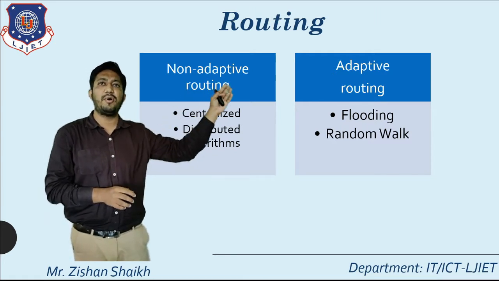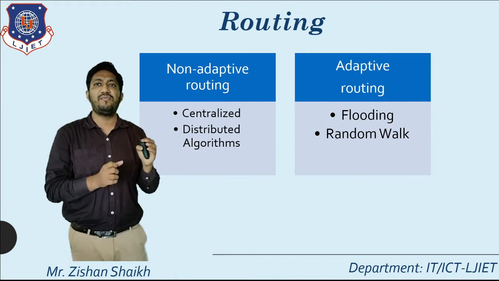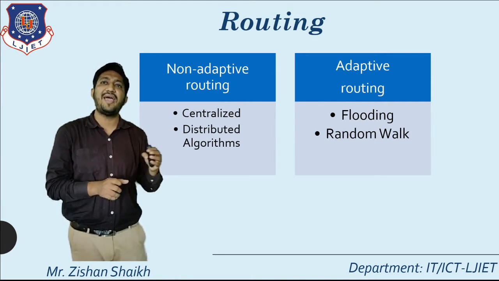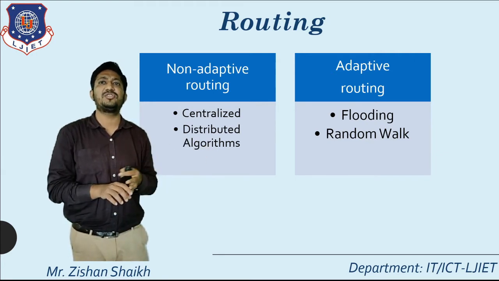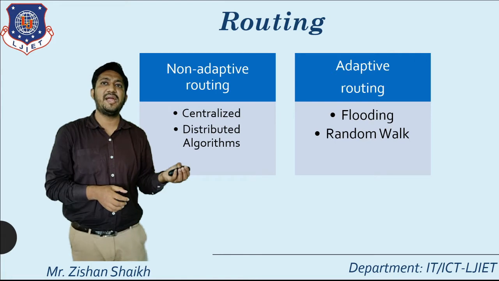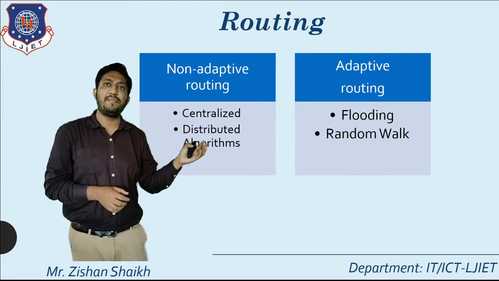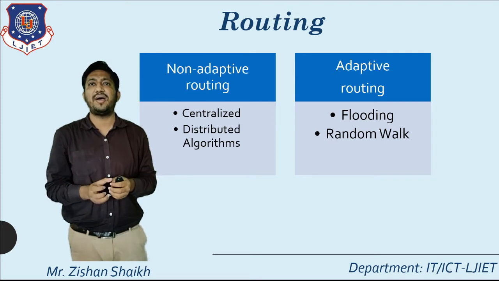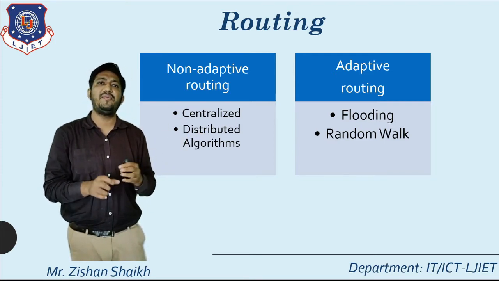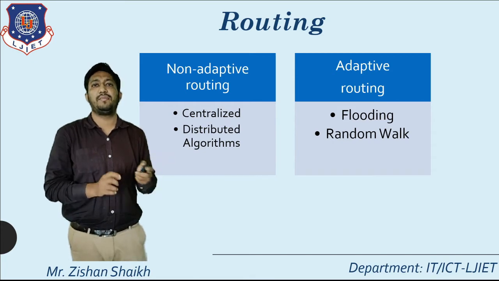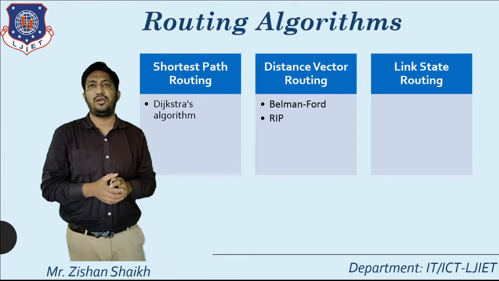But the adaptive routing algorithm uses a flooding type of mechanism, used dynamically. Whichever path is optimum or new is adapted by the router. So non-adaptive follows a predefined path, whereas the adaptive routing algorithm takes a dynamic approach.